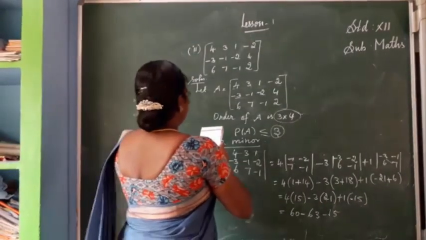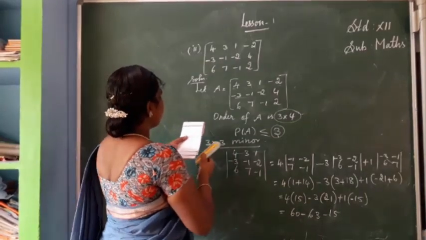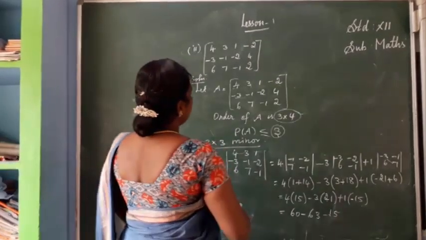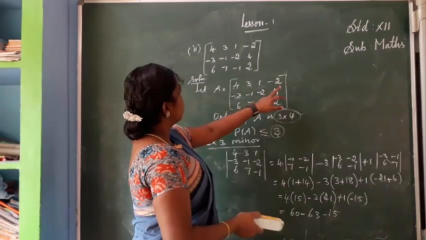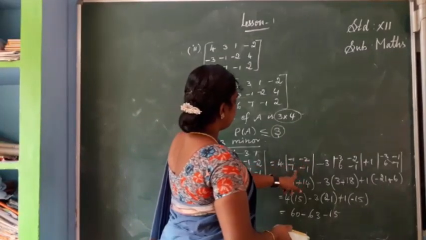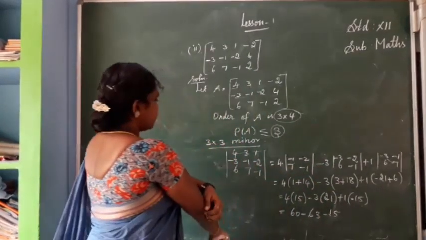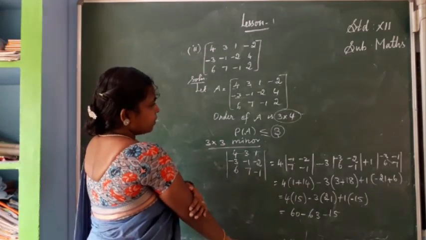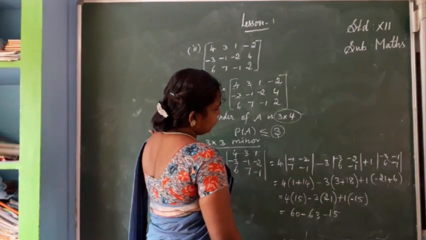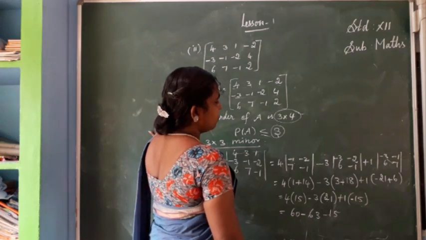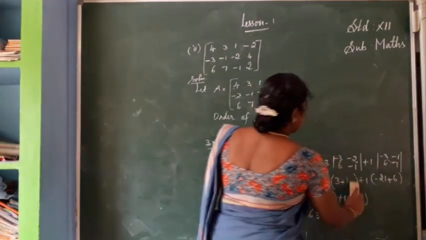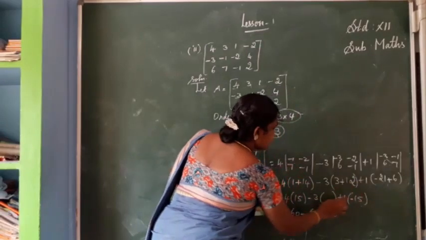So the question is 4, 3, 1, minus 2, minus 3, minus 1, minus 2, 4, 6, 7, minus 1, 2. So 3 plus 12 is 15.